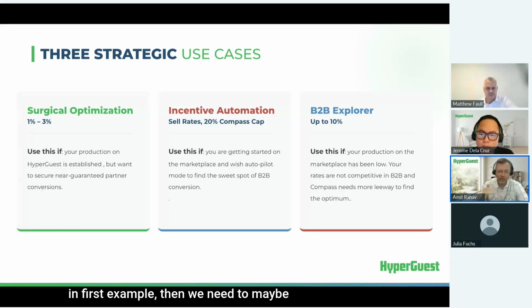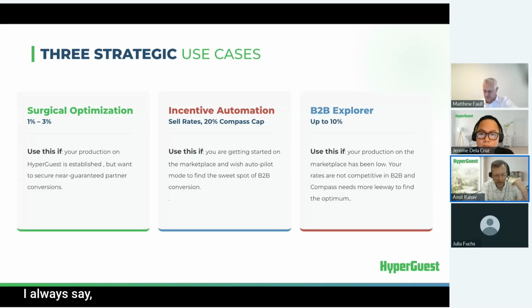Then I give it a leeway of maybe another 10%, and it will find whether you're missing 4%, 7%. What is it that you're missing in order to be at the optimum of B2B conversion? I always say I want to pay as much money as the partner needs in order to convert, but not a cent more than that. And that's what this helps you find.